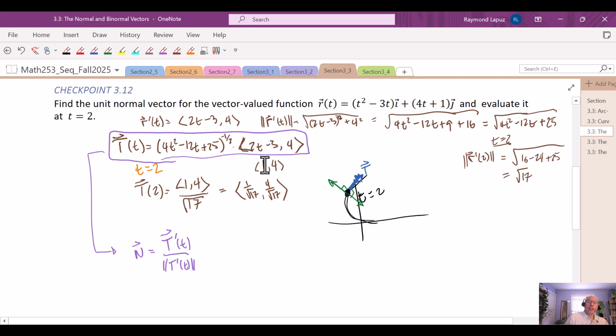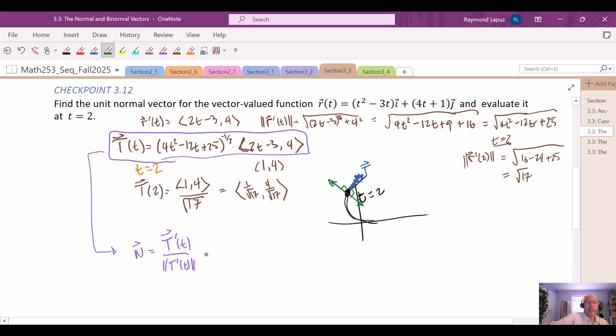So if we have 1 over root 17 and 4 over root 17, they already make a unit vector out of this. So we can use these very same numbers and then find a way so that the dot product is equal to 0. So in other words, we want to find 2 numbers, a and b.